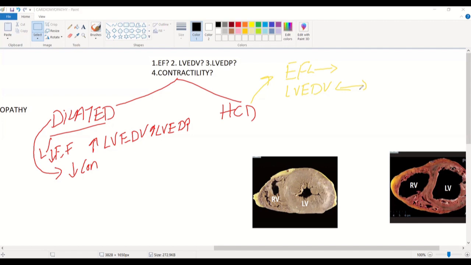It remains unchanged because only the left ventricle end-diastolic pressure is increased, right?